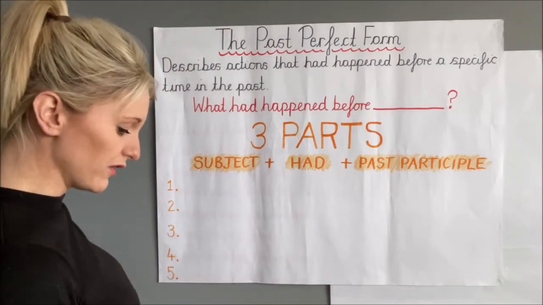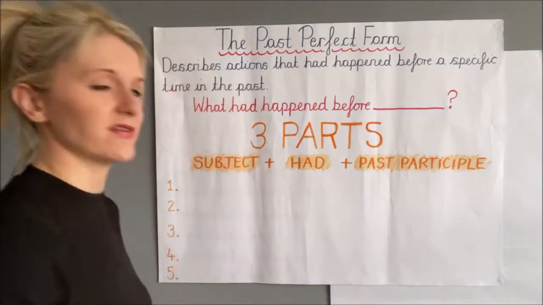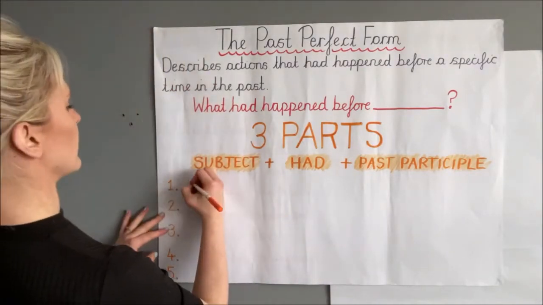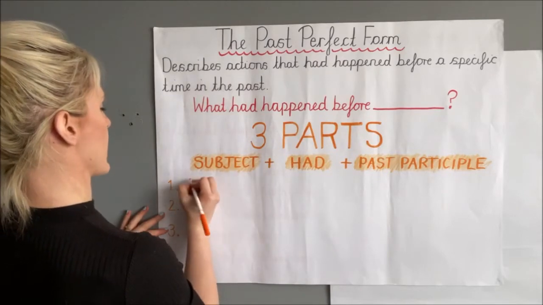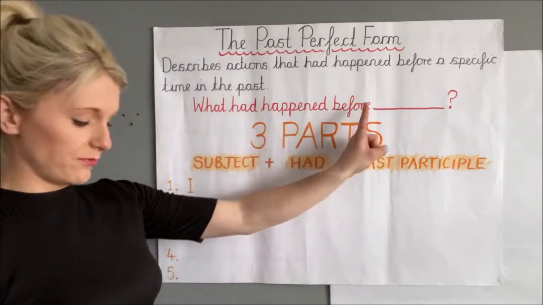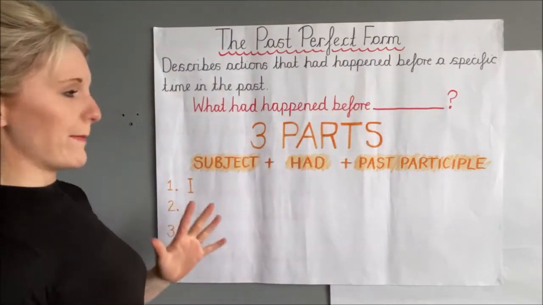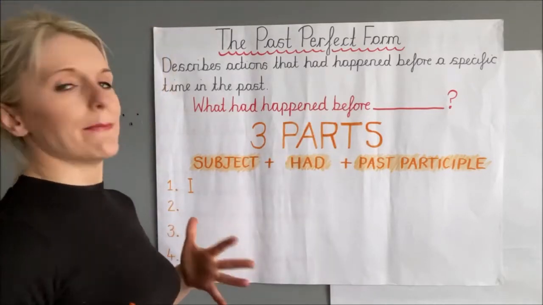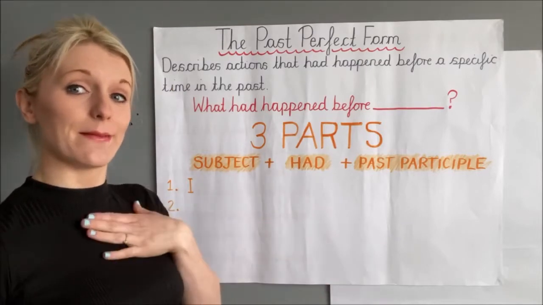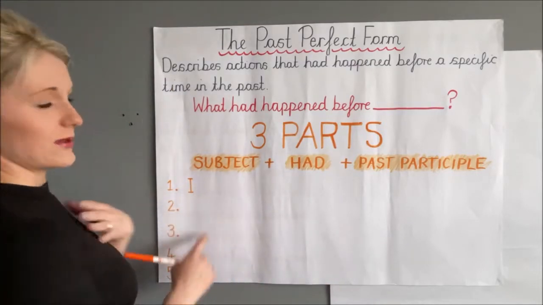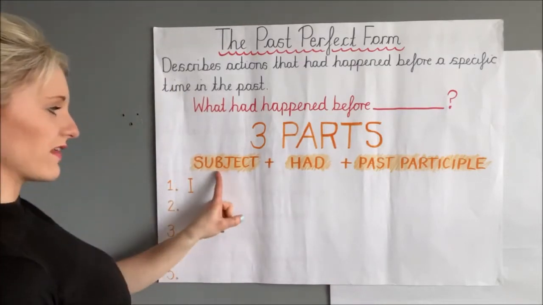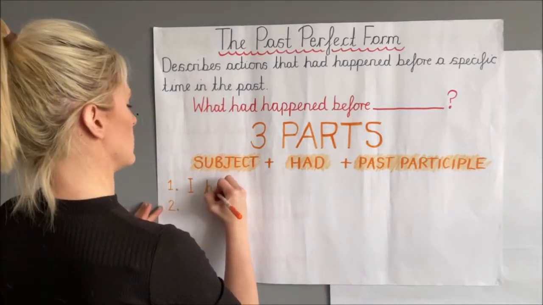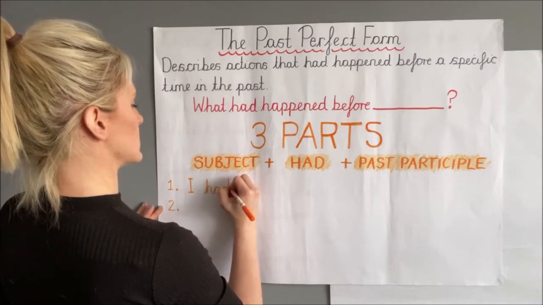So I'm going to start off with the subject I, because it's always easiest to start with yourself. The question that I'm going to have been asked is, what had happened before 6 p.m. yesterday in my house? So I'm going to say I, that's my subject. I need to make sure that I use my had. I had.